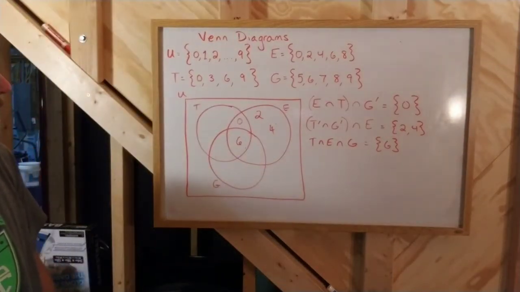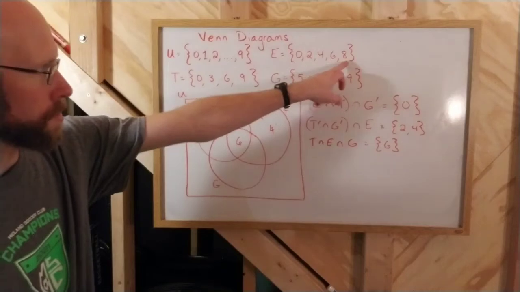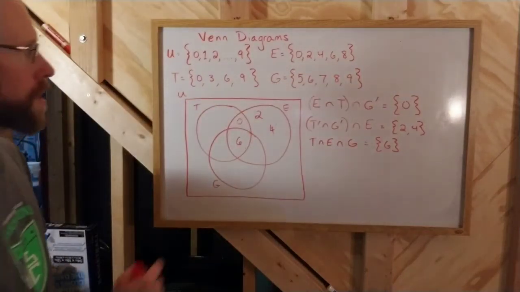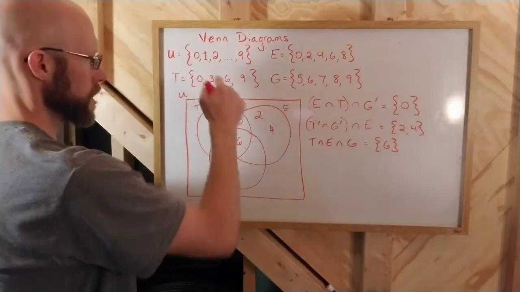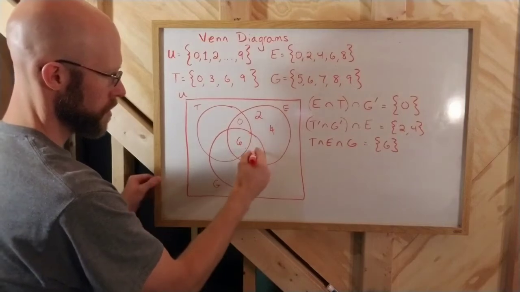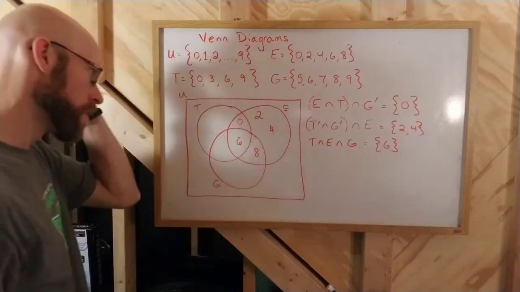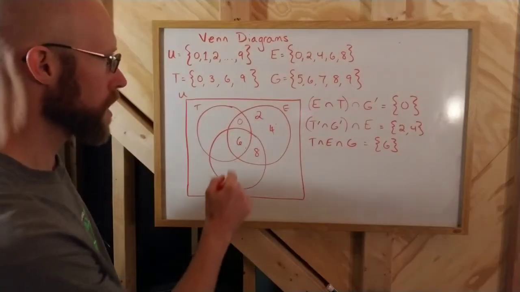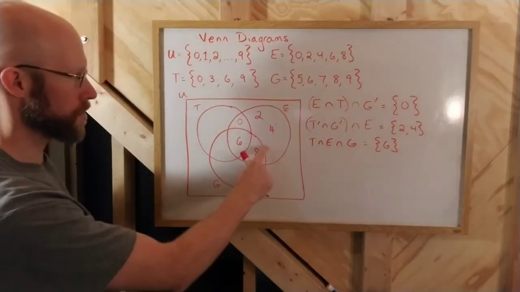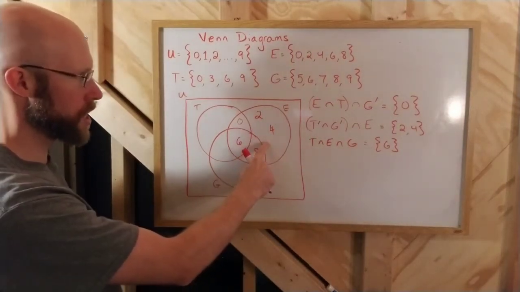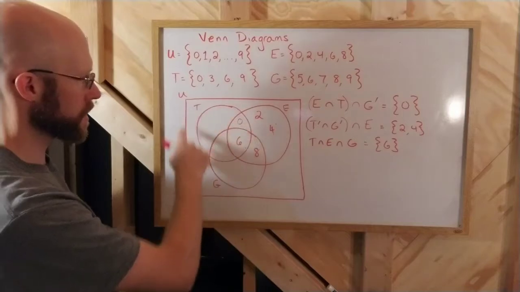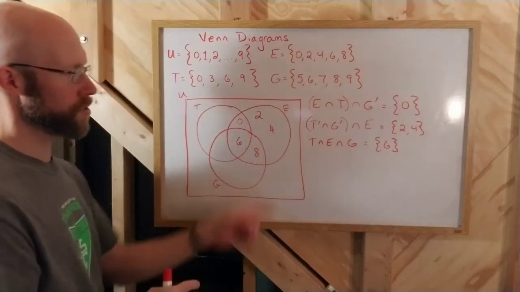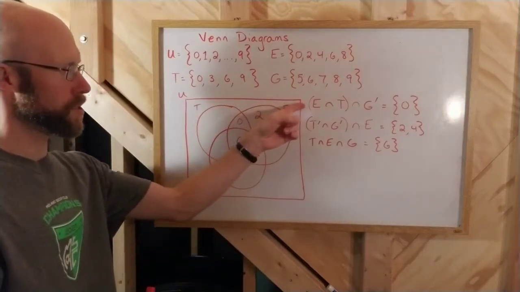Let's look at, let's see, 8 is the only other number in E that we haven't used up. 8 is in G, but it's not in T, so it's right here. Because it's in the intersection of E and G, but not in T, it's going to look a lot like the 0 we had before.